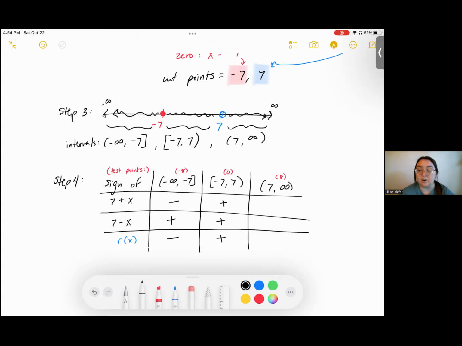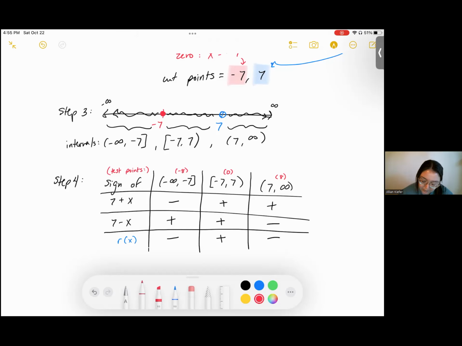Then our last interval, we have the test point 8. So we're going to be plugging in 8 into each factor. So 7 plus 8 is 15, which is positive. And 7 minus 8 is -1, which is negative. So we have one factor that's positive and one that's negative on that one interval, which would make R of X negative.